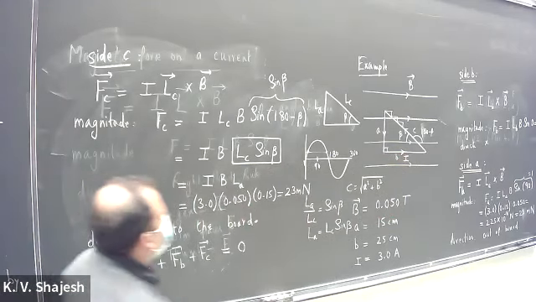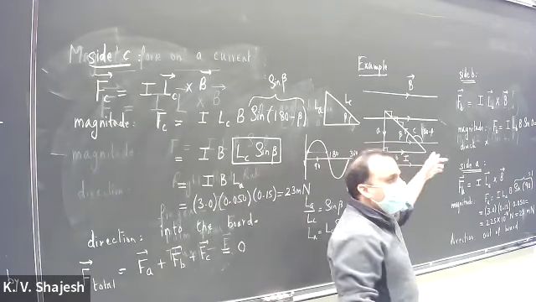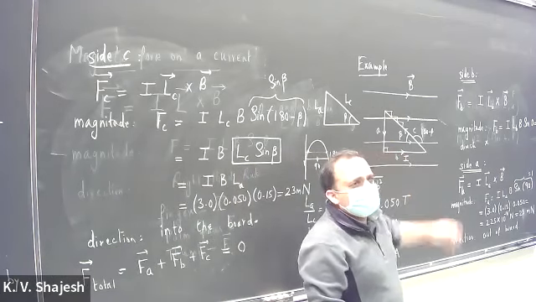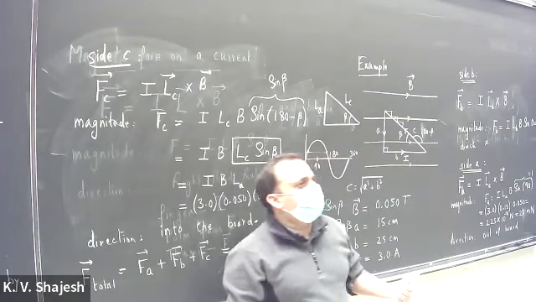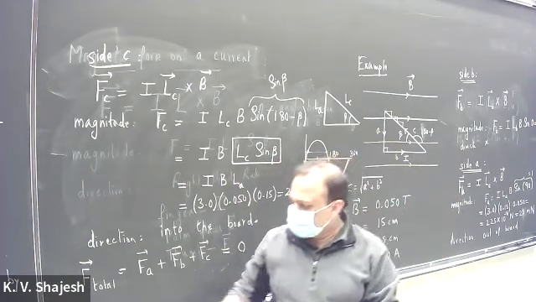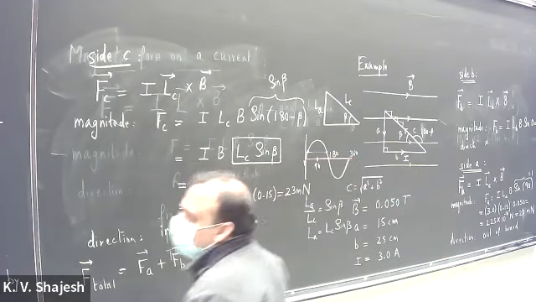It seems like this is a coincidence that it is happening for a right triangle, but that's not the case. In general, any closed loop of wire will have a total force of 0. So let me state that as a theorem.